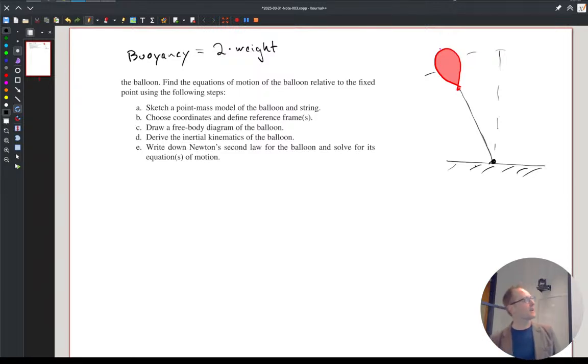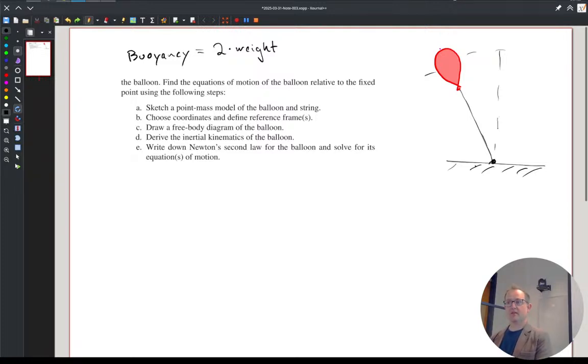If we take this big red balloon and say that it's not a big red balloon, it's actually a tiny point at the end of a string. And now I don't care if it rotates or if it doesn't rotate. What am I losing from that? Degree of freedom. 1 degree of freedom.